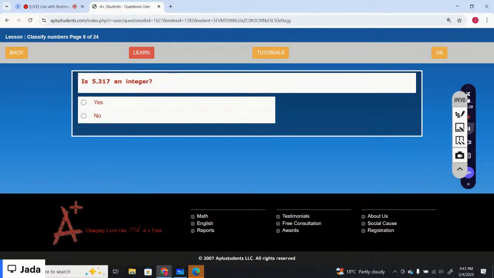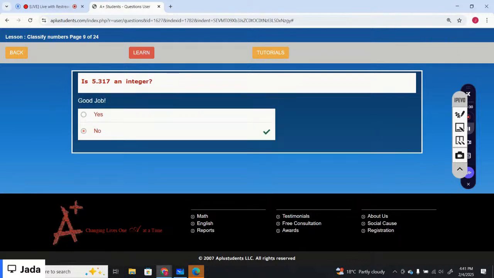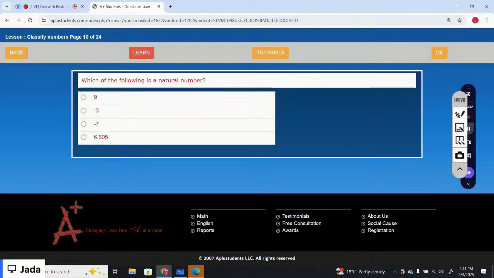The correct option is no. Which of the following is a natural number? That is 9. Option number 1 is the correct option.